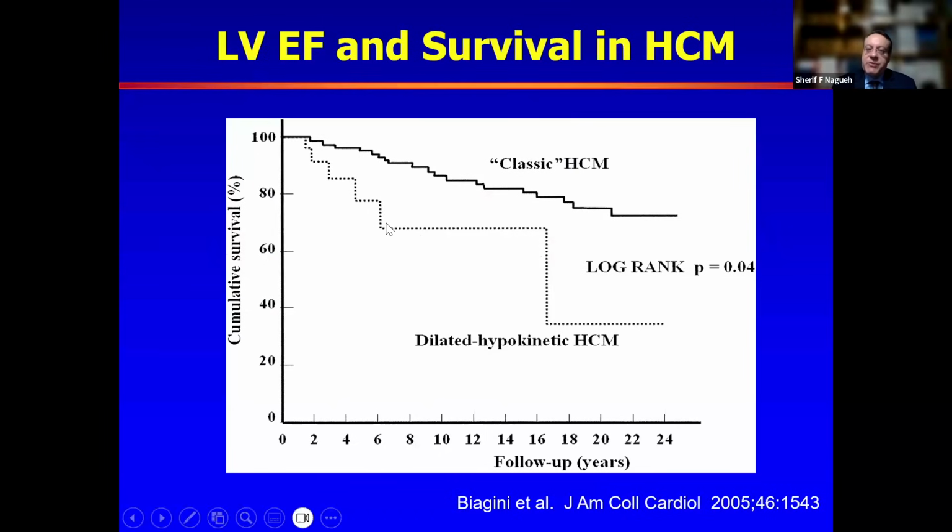But then there is a subset of maybe 5 to 10% of patients where, as time progresses, the wall becomes less thick, but not really thin as in dilated cardiomyopathy, and the ventricular dimensions increase. And though they increase, you do not see the large ventricles that you see, say, with dilated cardiomyopathy.